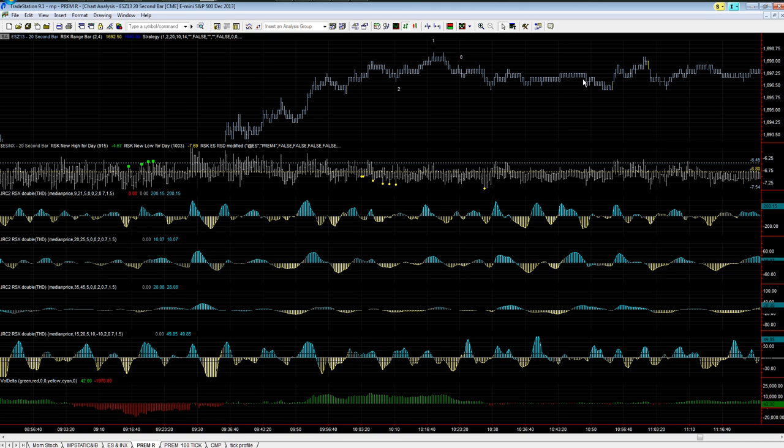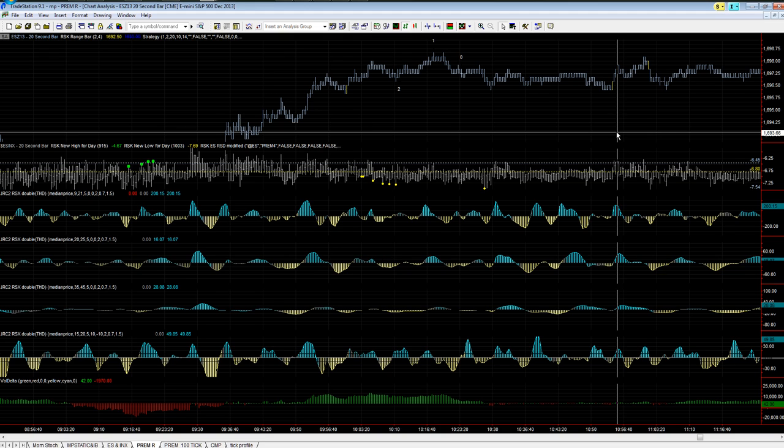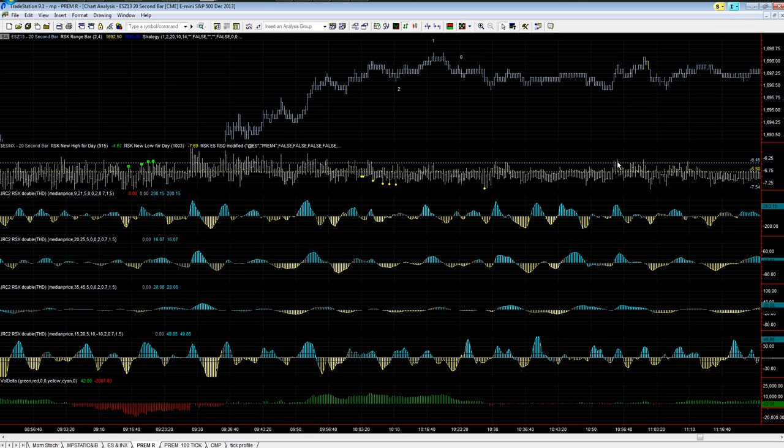This thing is not going to sustain a move up unless it gets above that upper value or that upper threshold area, which in fact occurs right in here. These two bars are above that upper threshold. Now you got a range bar in here, so possible retracement is on the way.